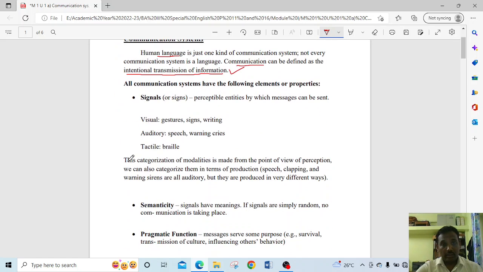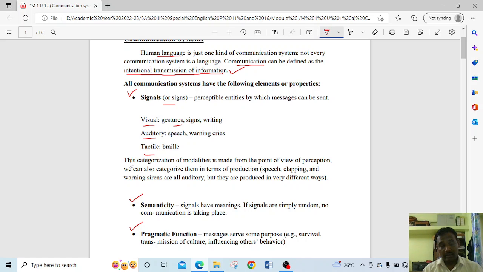Now, all communication systems have some basic elements or properties. There are signals in a communication system. In those signals, some meaning is hidden, and those signals have some useful functions. So signals or signs may be visual, auditory, or tactile. For example, gestures.